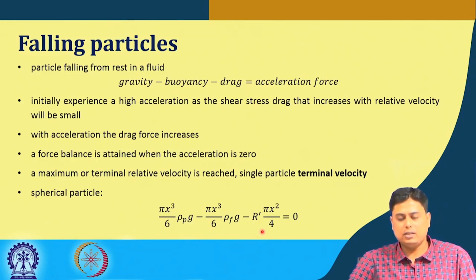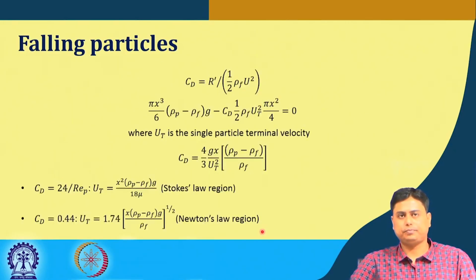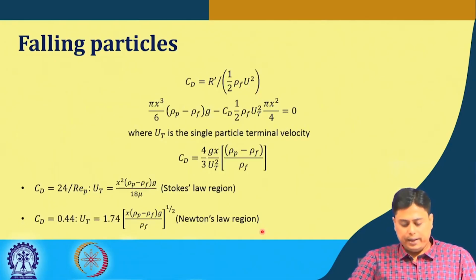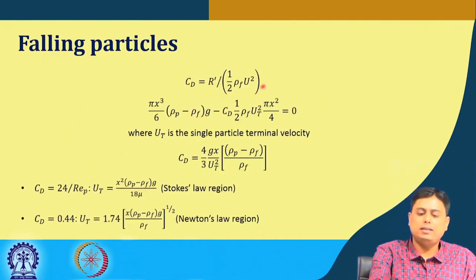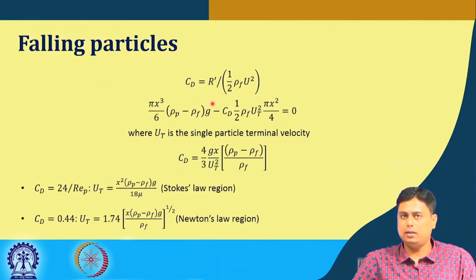In fact, such a balance we have seen earlier in our solution of the drag force problems. And here again the CD we have seen as this expression, the force per unit area divided by half rho f u square.